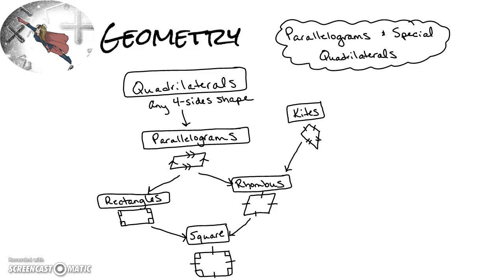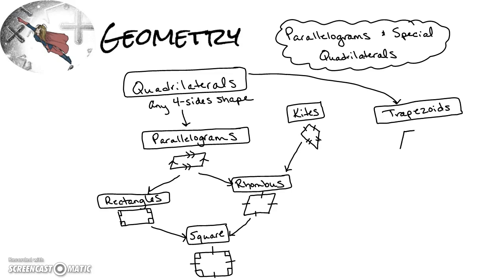And then completely on the other side, let's do this, trapezoids. They are not a type of parallelogram, but they do have four sides. So they're quadrilaterals. And you can picture what those look like. They're like that. The important thing is that the two bases are parallel to each other. And then if you break it down into one special type, there are isosceles trapezoids.